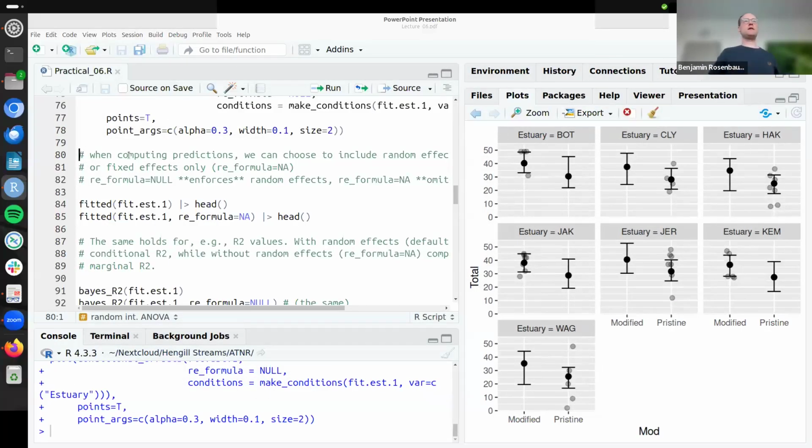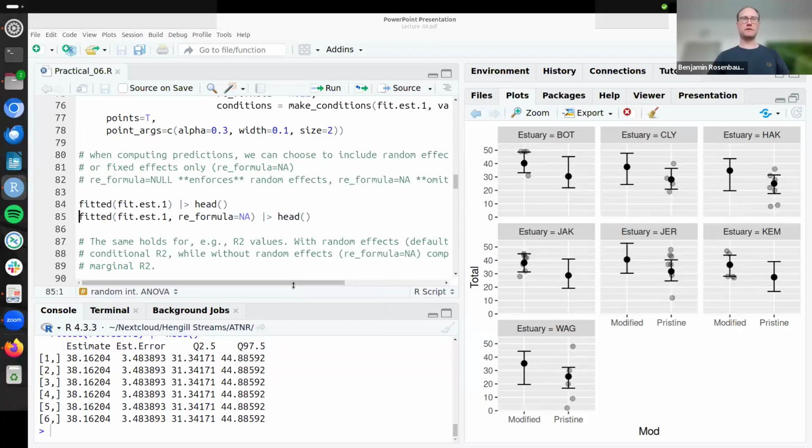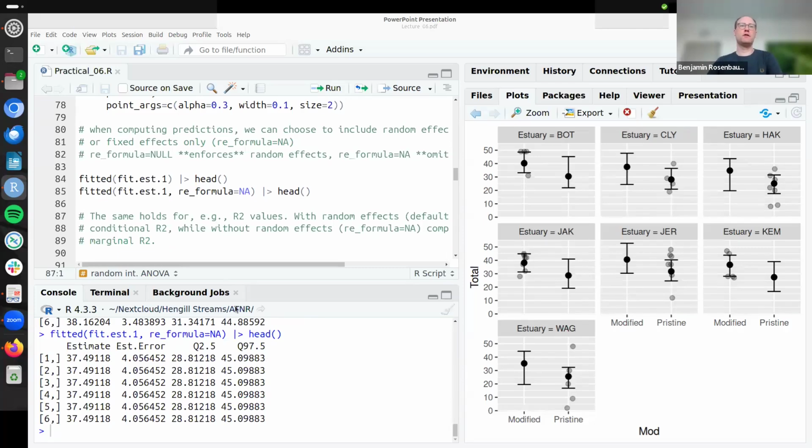Yeah, and also for all the other functions, you can either make predictions on the fixed effects level only, so marginalized or summarized over all the random effects, or actually include the random effects, for instance, by specifying this. The fitted function will always give you predictions including the random effects, but you can also specify to not include the random effects by specifying this here accordingly.